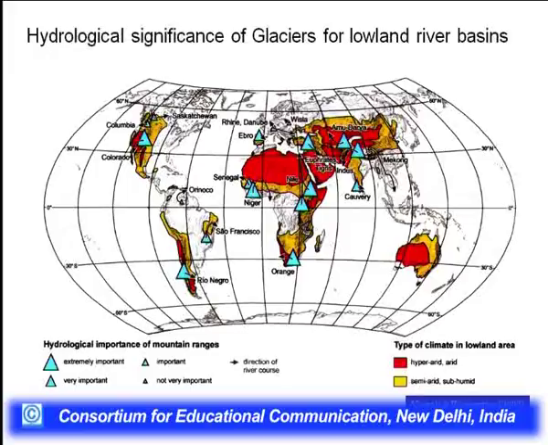I would like to mention also that this phenomenon has hydrological significance, particularly for the lowlands in the river basin. You can see how hydrologically important mountain regions are in different parts of the world. Very broadly speaking, only 10% of people live in this mountainous region, but almost 40% of people depend on different types of resources, particularly water and forest.